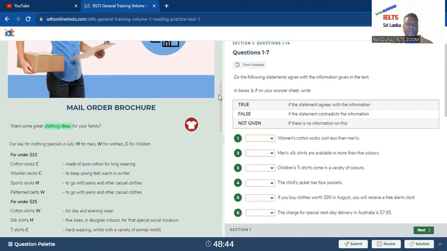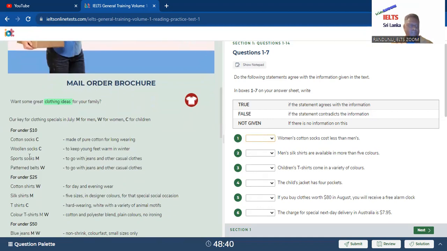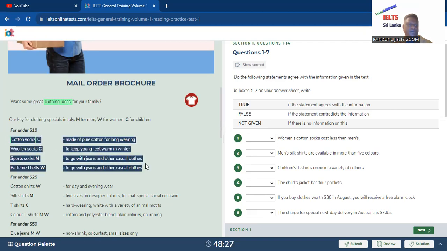Here, let us see cotton socks. Cotton socks are there. Here there are sports socks. These three are related to socks, and the others are not. Only the first three items are socks.